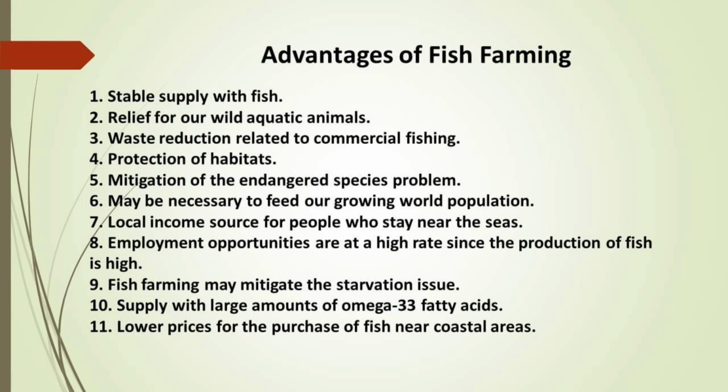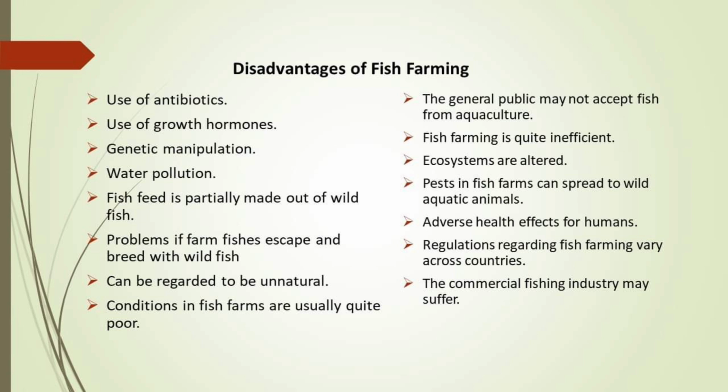We have advantages of fish farming. We also have the disadvantages of it. First, they are using antibiotics, use of growth hormones, genetic manipulation, water pollution, fish feed partially made out of wild fish, problems if farm fishes escape and breed with wild fish, can be regarded to be unnatural.